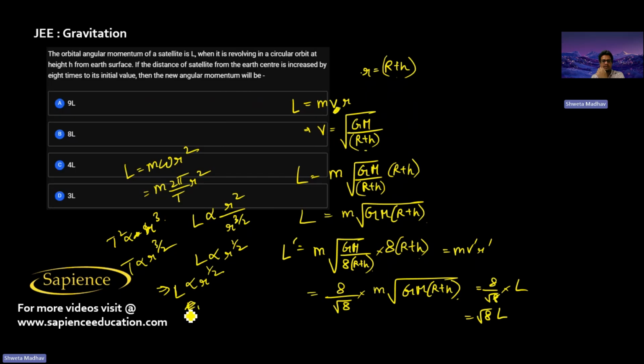Means L dash by L is equal to (8r) power 1 by 2 by r power 1 by 2. It is increased to 8 times its initial value, so it is equal to root 8, which is equal to root 8 L. So it means here none of the options are coming correct.